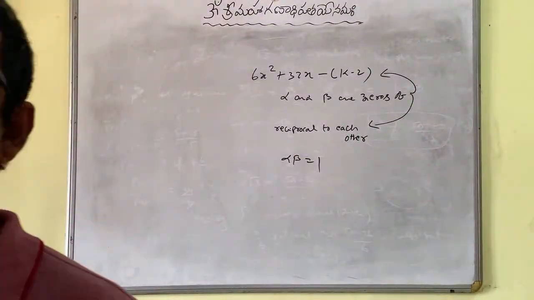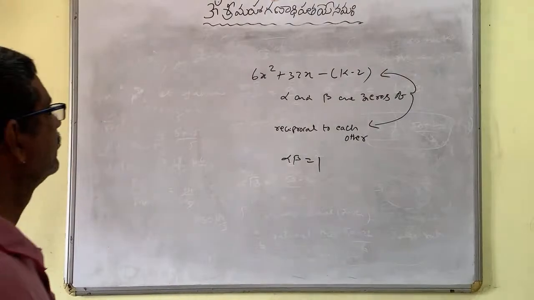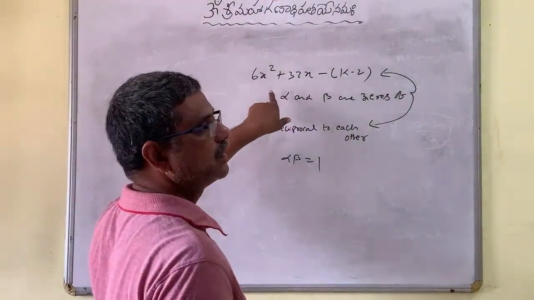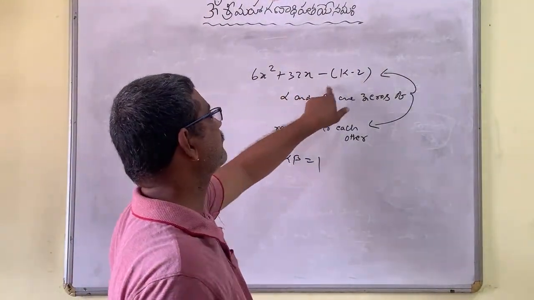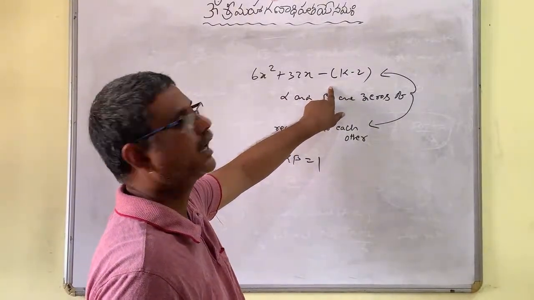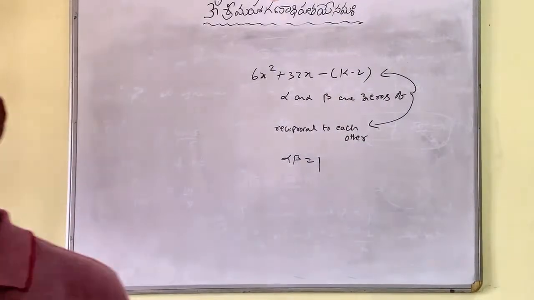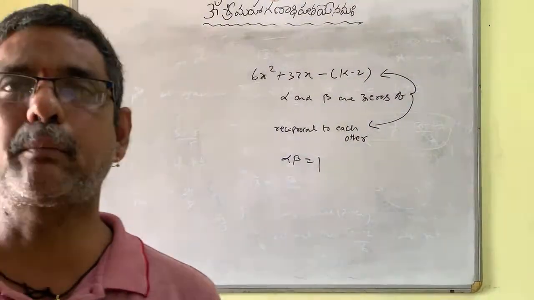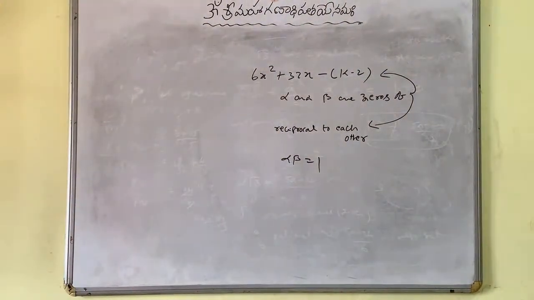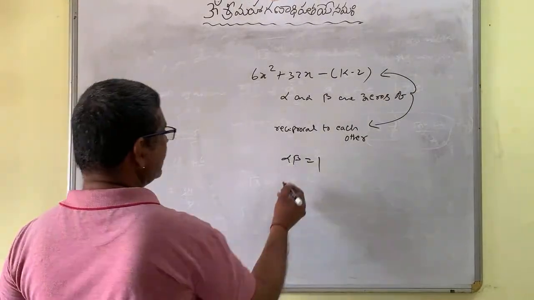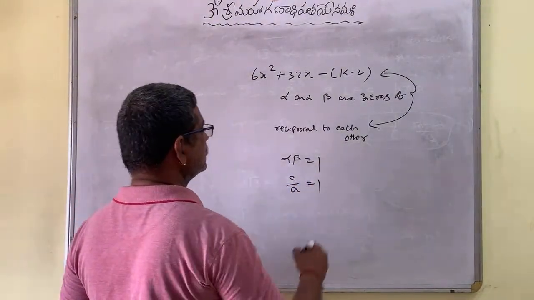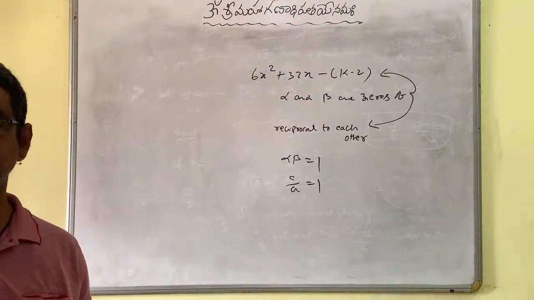That means alpha into beta. Assume that alpha and beta are the zeros of this polynomial. Not only that, they are reciprocal to each other. Those two zeros are reciprocal to each other. That means their product is 1. We know alpha beta is C by A. C by A is 1.